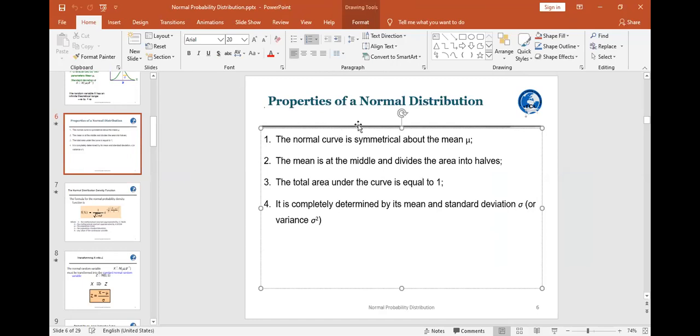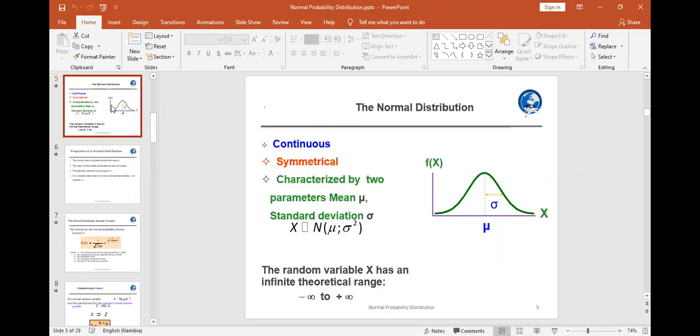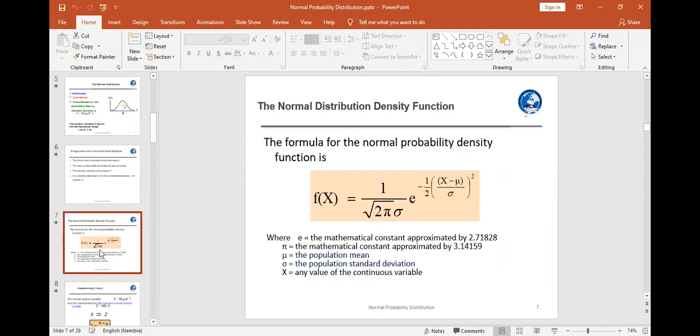We spoke about the properties of the normal probability distribution, or the features. Now, the shape of a normal probability distribution can be generated by this formula. We call it the formula for the normal probability density function. But you don't need to worry about this formula.